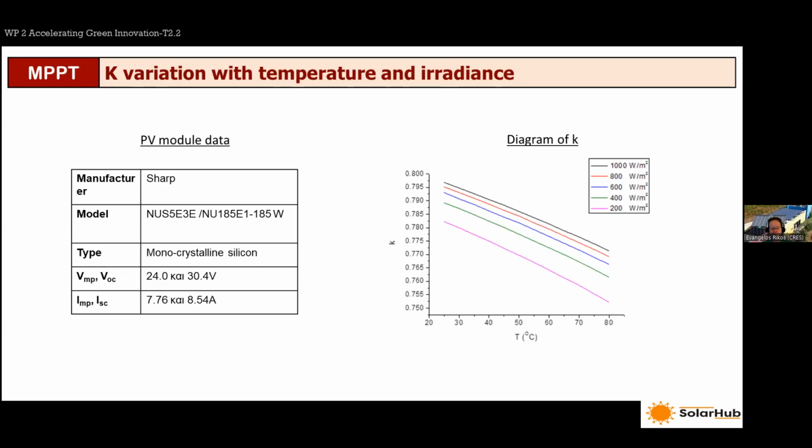The diagram on the right shows the variation of K, which is the VMPP voltage over VOC, as a function of temperature and with variation of radiation as well. You see some substantial variation here, even though the range remains within some boundaries, always between 0.7 and 0.8, but it's still not precise enough, I would say.